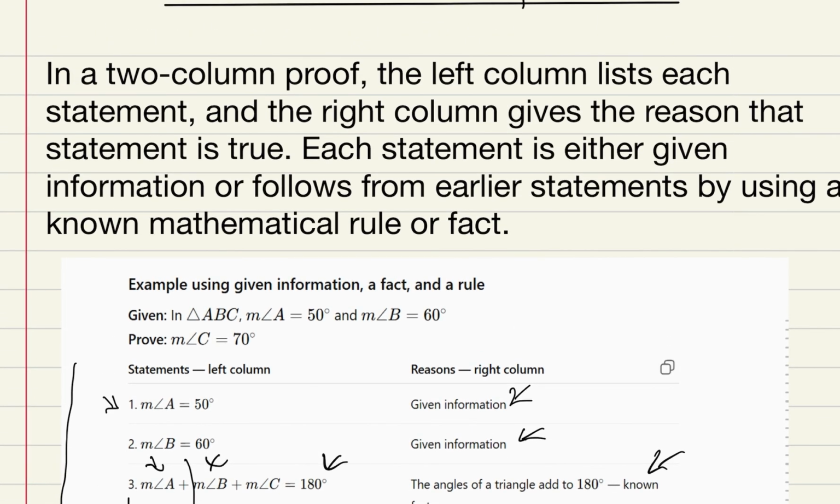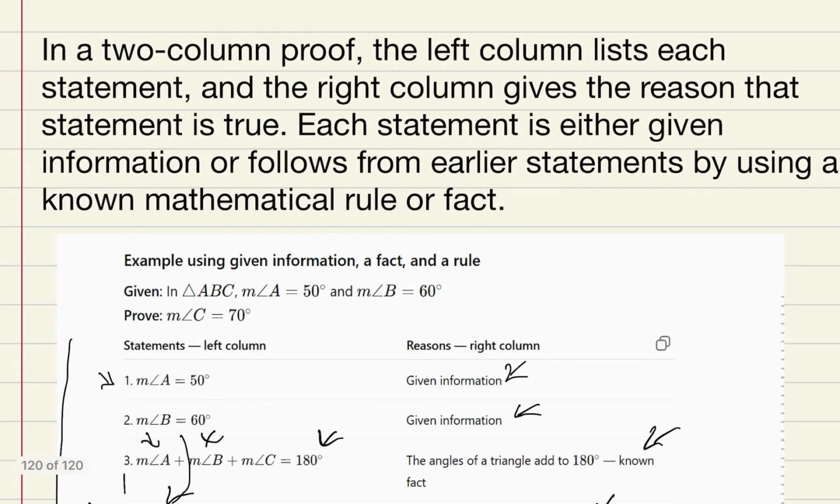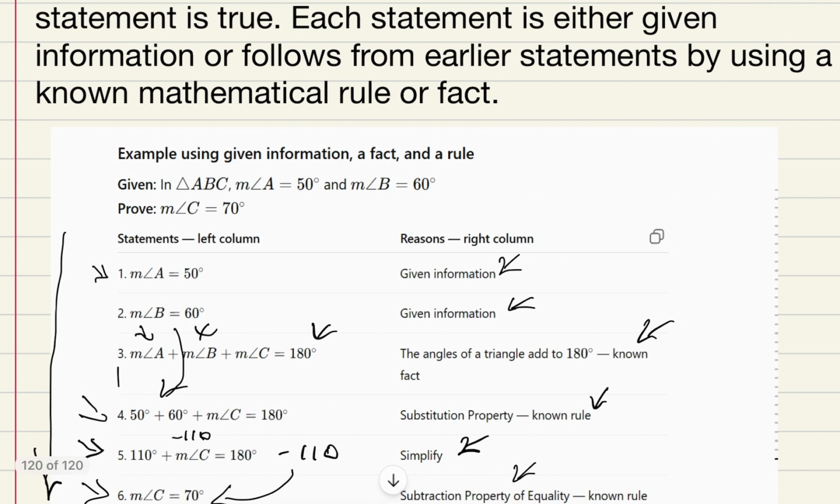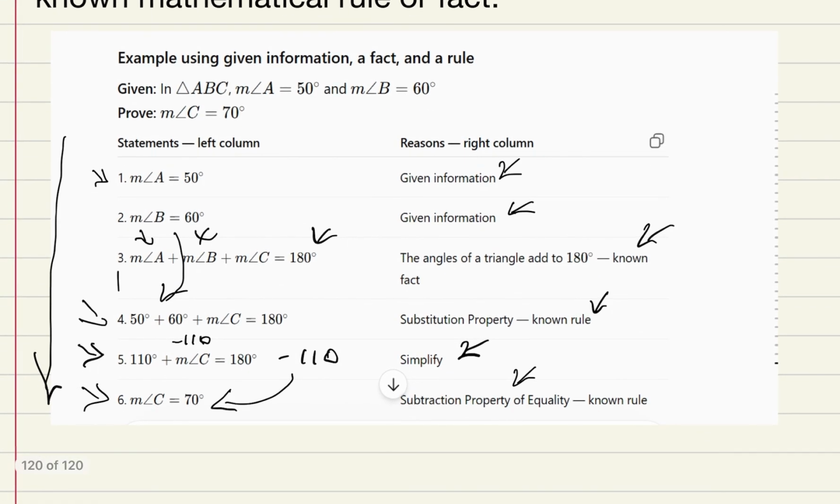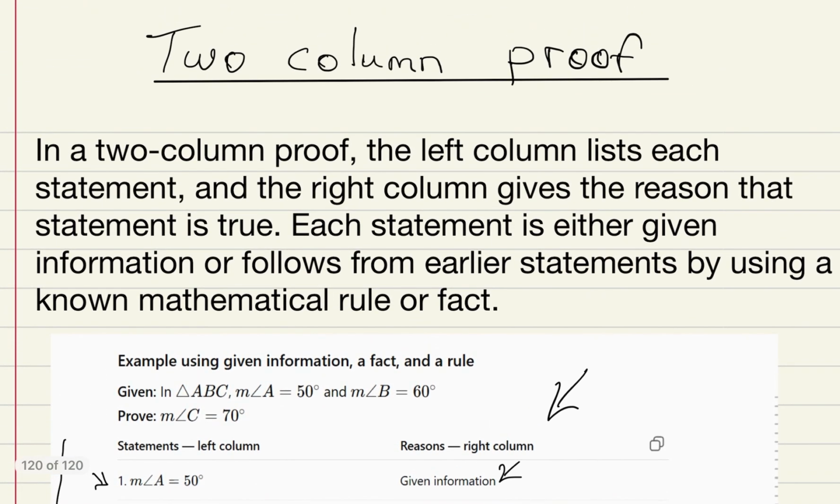So the left column gives you the statement, which is usually either given information, or it follows from earlier statements by using a known mathematical rule, a known property, or a fact, like we learned here, like a triangle has angles inside that are always 180 degrees. So you can see all these steps are logical, and we reached our conclusion, and we proved that the measure of angle C is 70 degrees and gave the reasons on the right side. So that's what a two-column proof is.